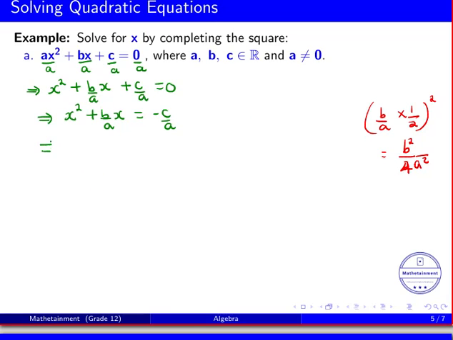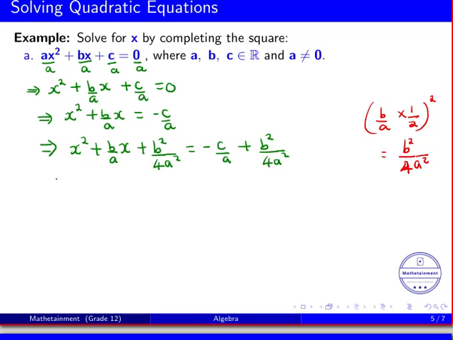So here, this implies that we have x squared plus b over a x plus b squared over 4a squared equal to negative c over a plus b squared over 4a squared, because remember, you have to add this quantity on both sides of the equation.